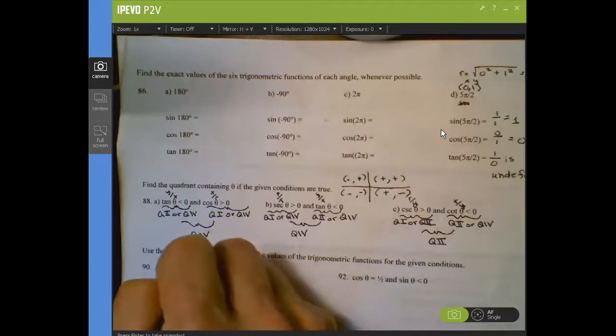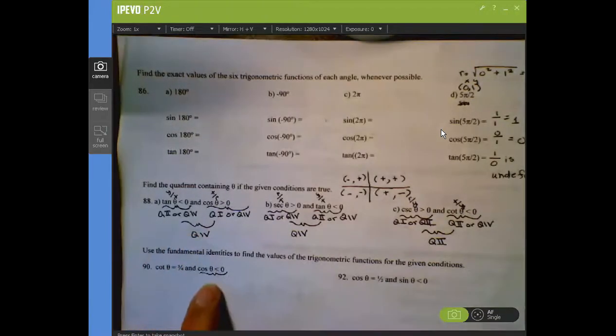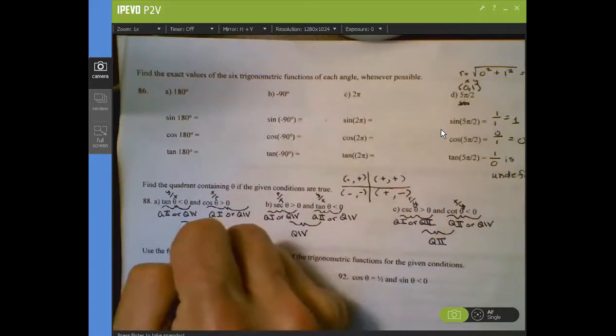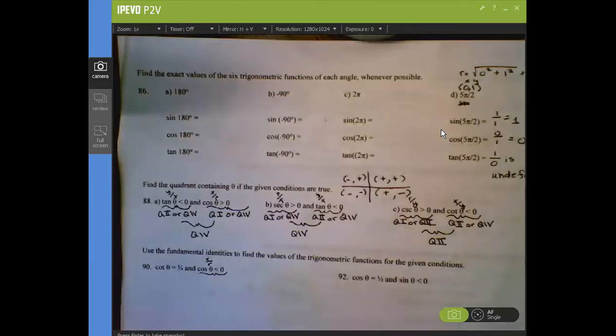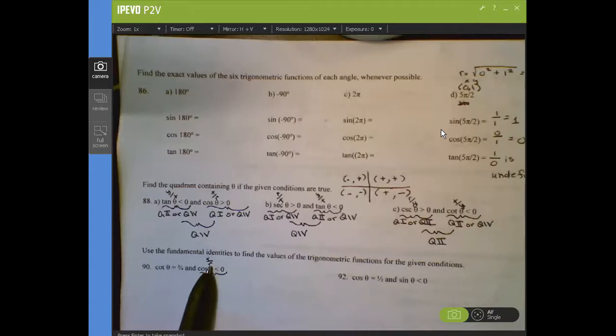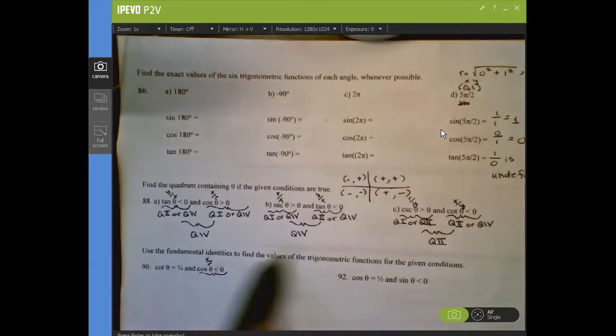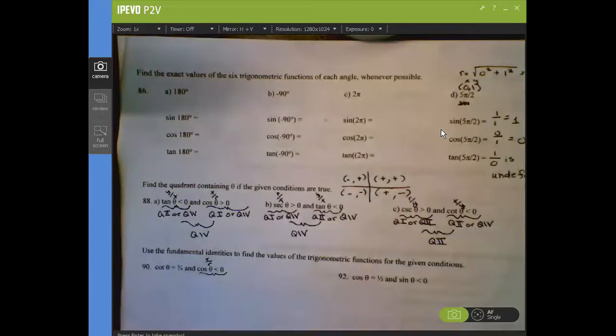So like we did on the previous problems, if cosine is negative and cosine is x over r, then I'm looking for where my x's are negative. And my x's are negative in the second and the third quadrants.